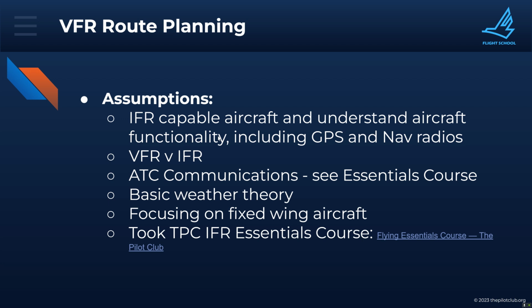Assuming you know the difference between VFR and IFR. Again, VFR is visual flight rules. IFR is instrument flight rules, and that's going to be used when your ceilings are less than 1,000 feet AGL and/or your visibility is less than 3 statute miles.